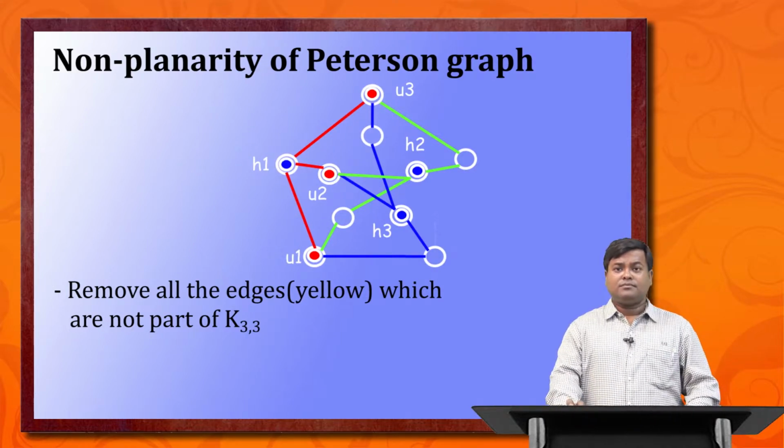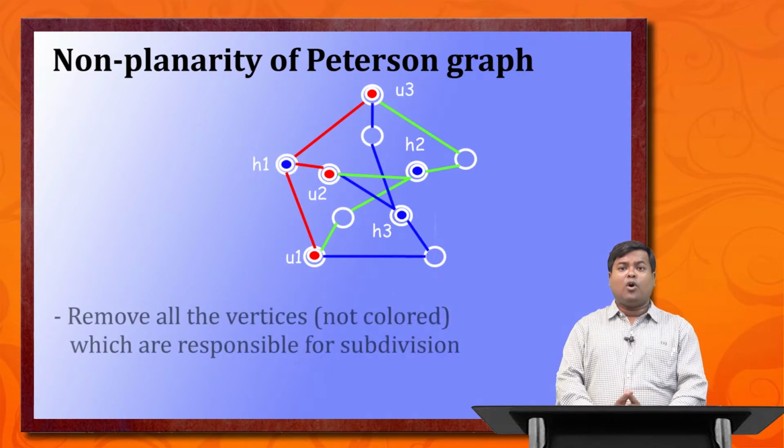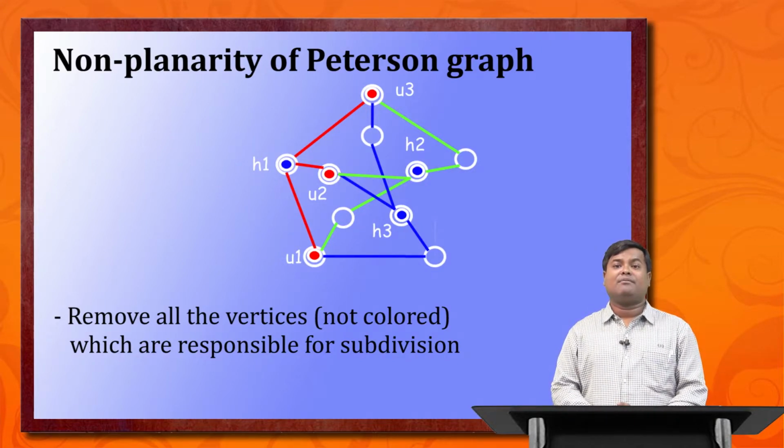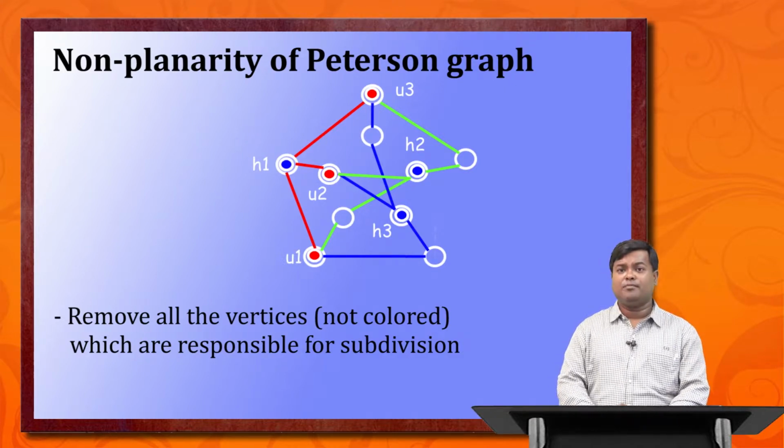After removing those yellow edges, we need to remove all the vertices not colored which are responsible for subdivision. We are seeing quite a few vertices which are not colored. Those particular vertices are basically responsible for the subdivision process.